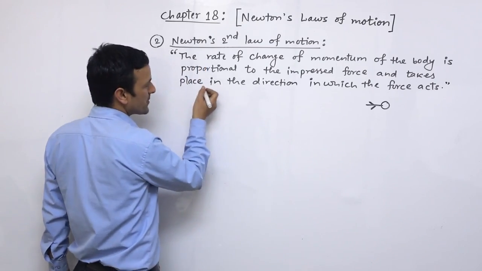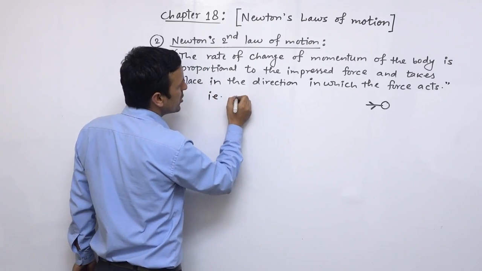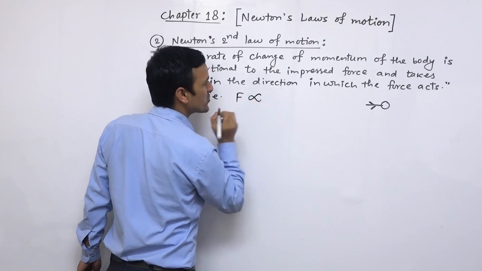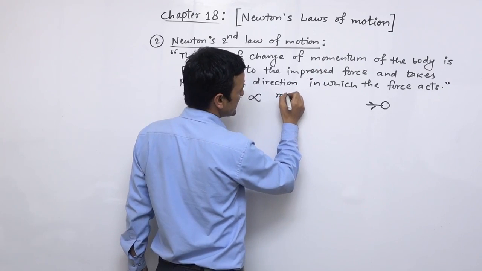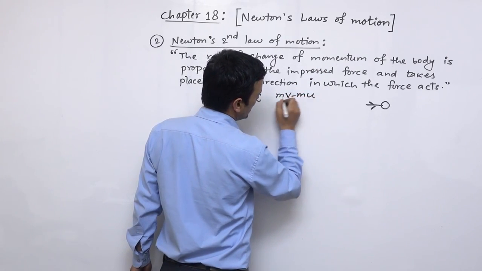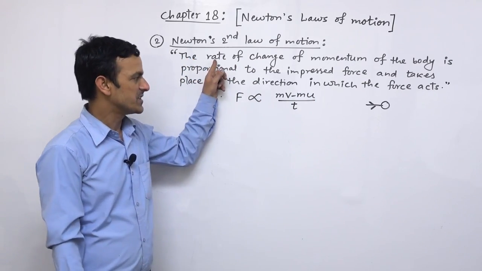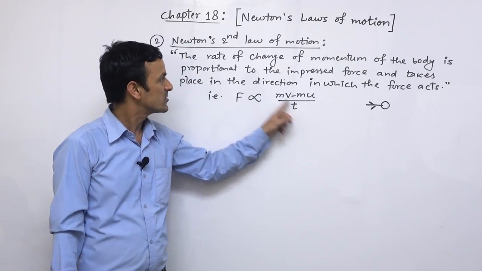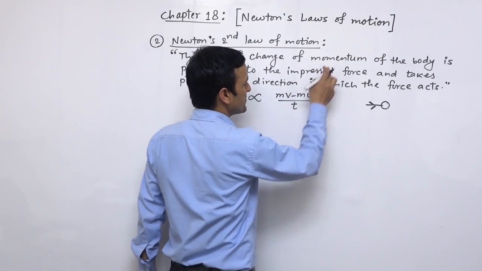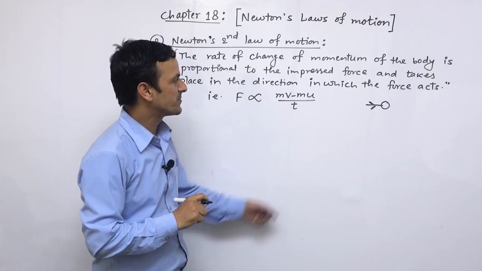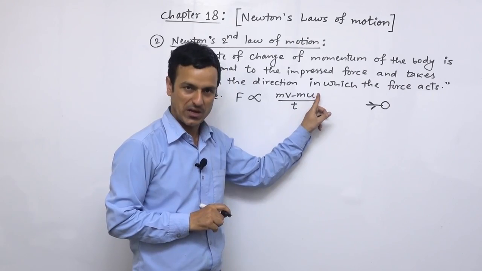So mathematically we can show it like this. Force is directly proportional to the change in momentum. Change in momentum means (mv minus mu) divided by t. The rate means with respect to time, and change in momentum means the initial momentum of the body is mu, that is mass into velocity.